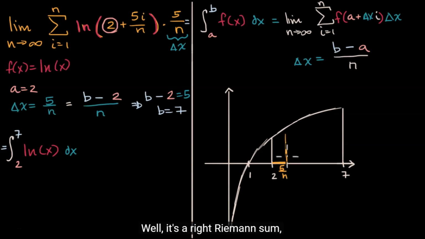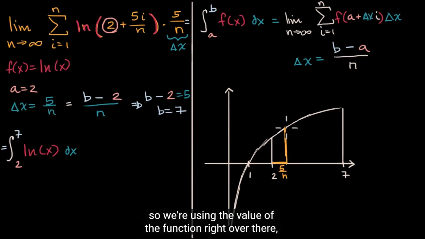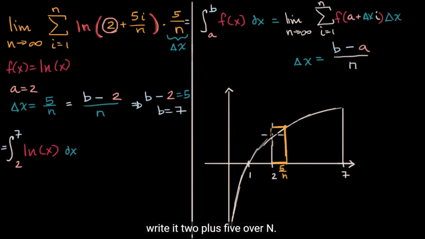Well, it's a right Riemann sum. So we're using the value of the function right at 2 plus 5 over n. So this value right over here, this is the natural log of 2 plus 5 over n. And since this is the first rectangle, times 1.